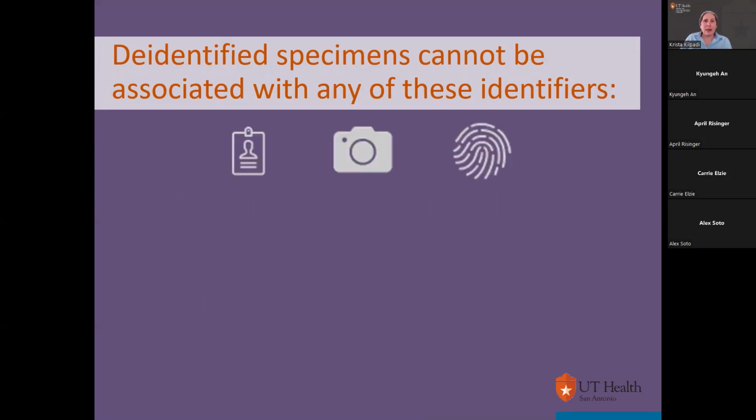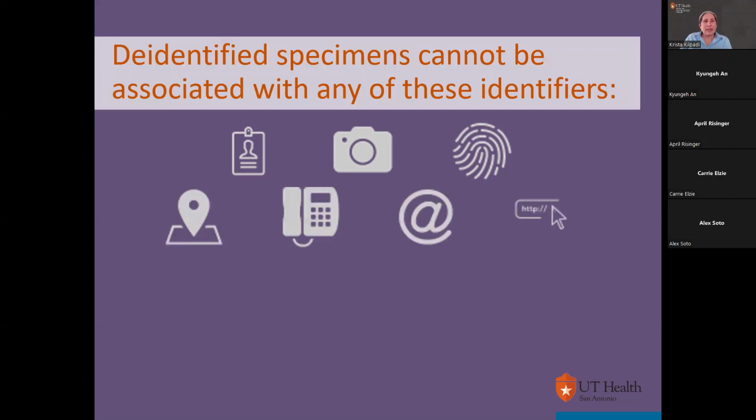These are things like, first of all, a name or any derivation, including initials and unique physical attributes. So anything like biometric identifiers, fingerprints, voice prints, things like that, full face photo images or any comparable images, those are all going to be things that can identify some person by name or by identifier. Secondly, we have addresses or other contact information.